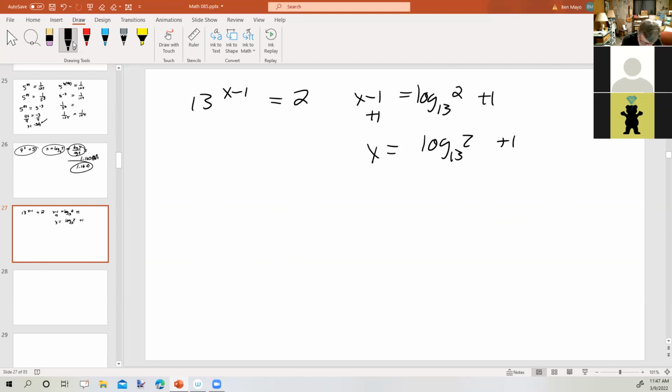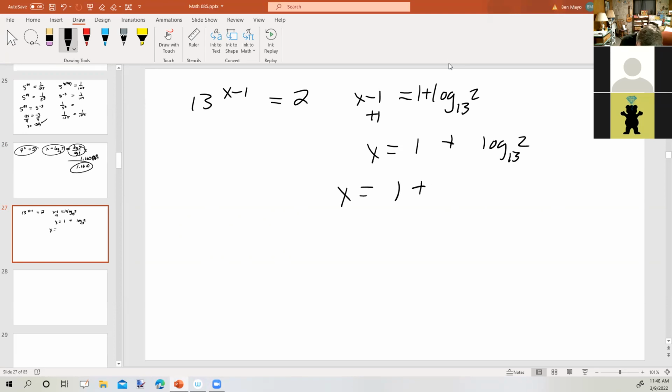In fact, maybe it would be better to write it with the plus 1 in front. It's the same value, but then maybe you're less tempted to get that 1 sucked into that log. So now this is 1 plus log of 2 over log of 13.